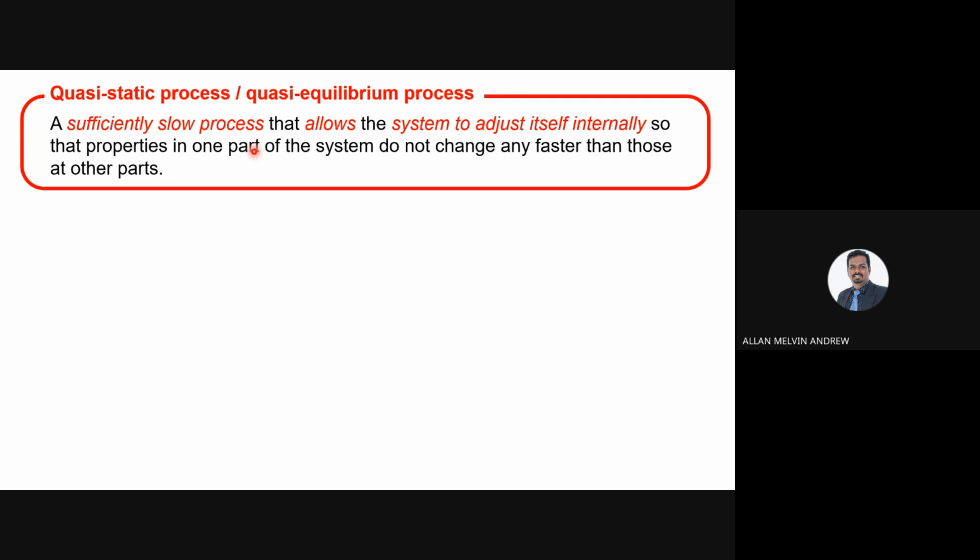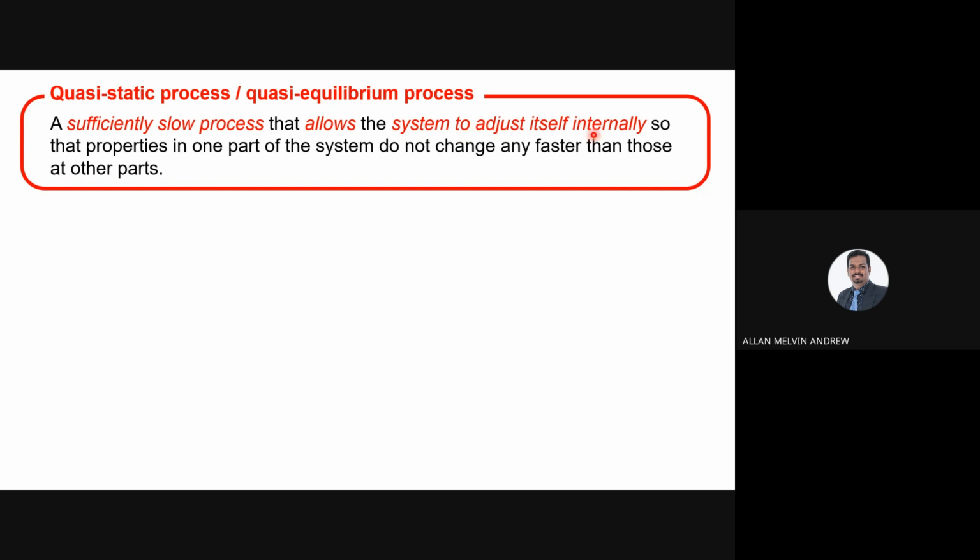That is what quasi equilibrium is telling: it is a sufficiently slow process, gradually changing. Because the rate is very slow, the system can adjust itself internally.